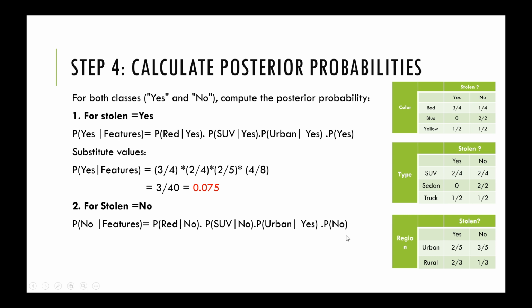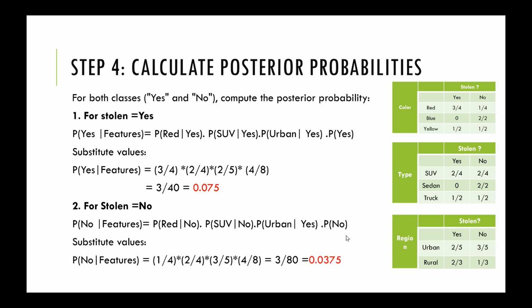Substituting and simplifying 1 by 4 into 2 by 4 into 3 by 5 into 4 by 8, we get 3 by 80, that is 0.0375.